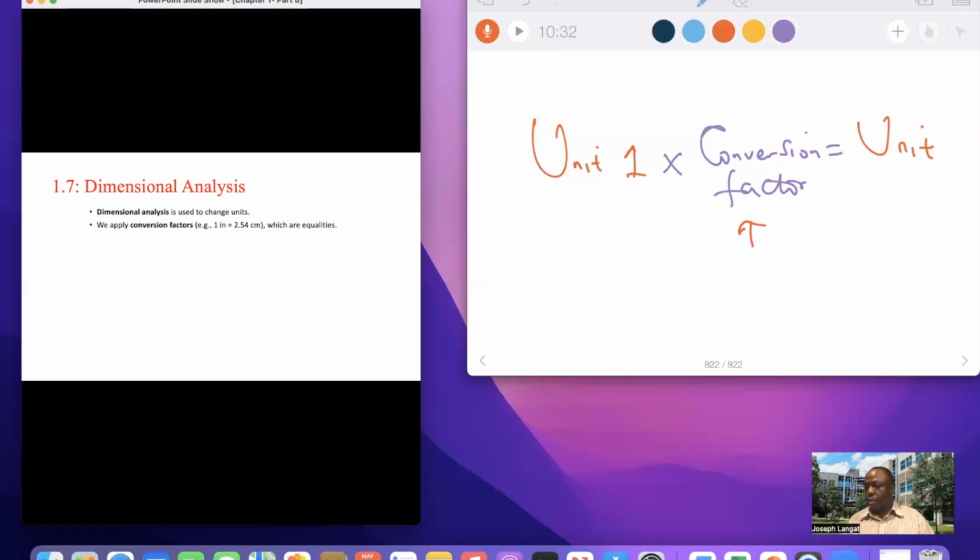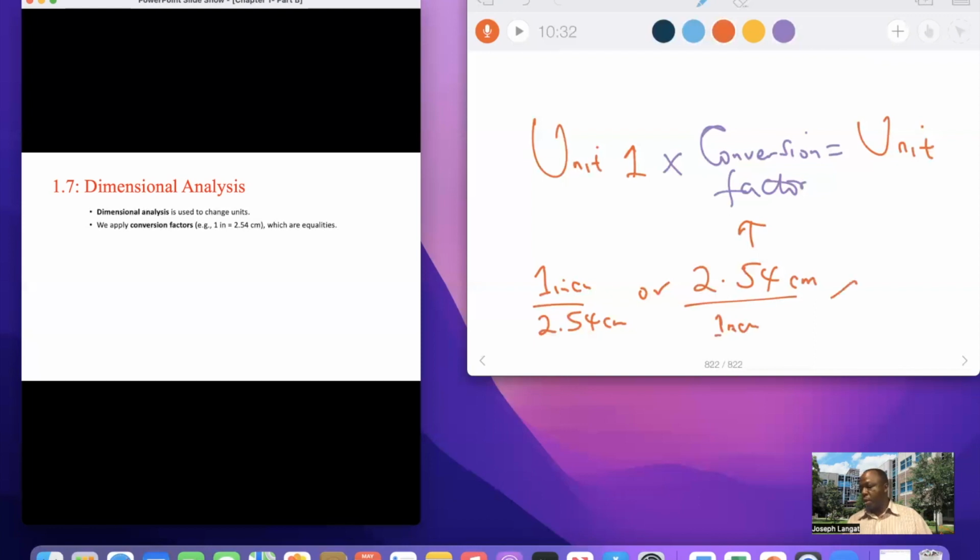For example, two conversion factors from that are 1 inch over 2.54 centimeters, or depending on what you're looking for, 2.54 centimeters over 1 inch.